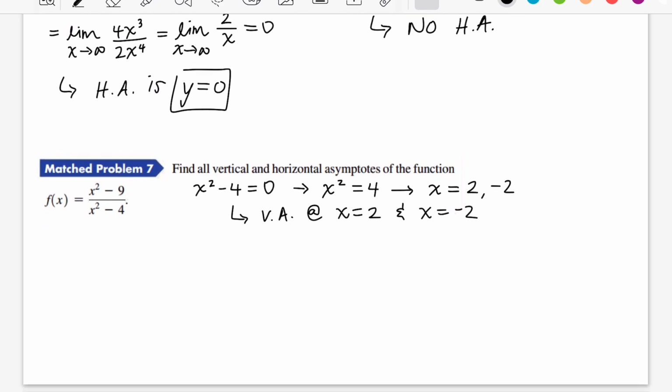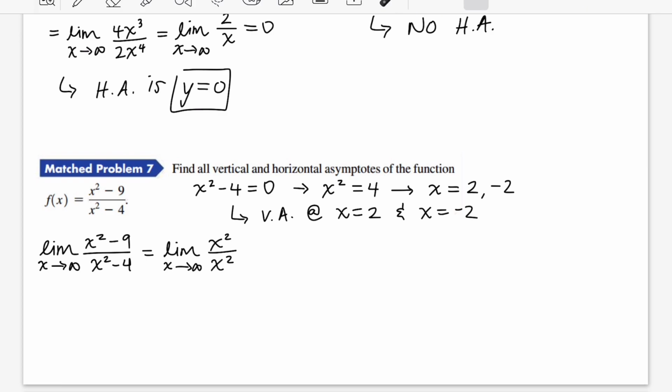All right. Now for the horizontal asymptotes, we'll find our limits at infinity. So we know that the limit of our function as x goes to infinity is the same as looking at the limit of our leading terms from our numerator and our denominator. And the leading term in both is just x squared.